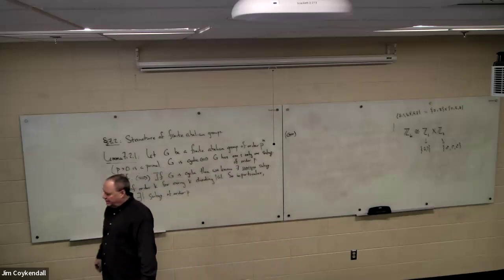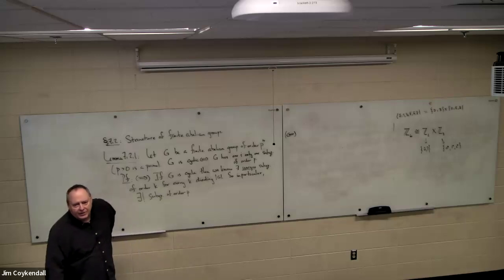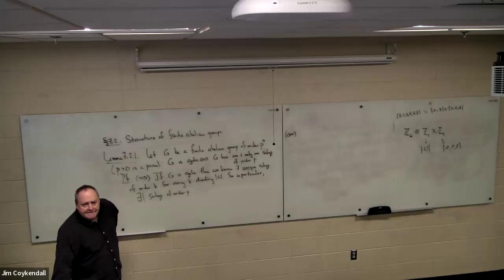Any ideas on a strategy, an effective strategy? Yes. Well, it kind of looks like Sylow because we have order P to the n. And when I hear one subgroup of order P, I'm thinking normality, the Sylow theorems. Right, but here's the thing. The group's abelian, so everything's normal.